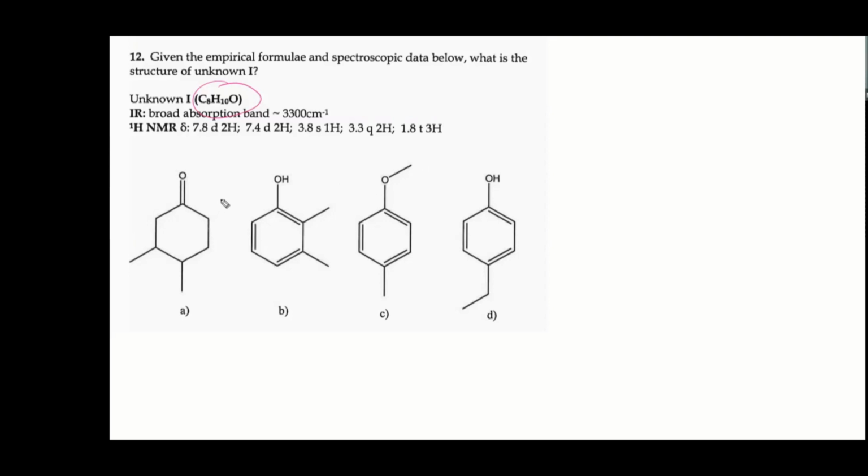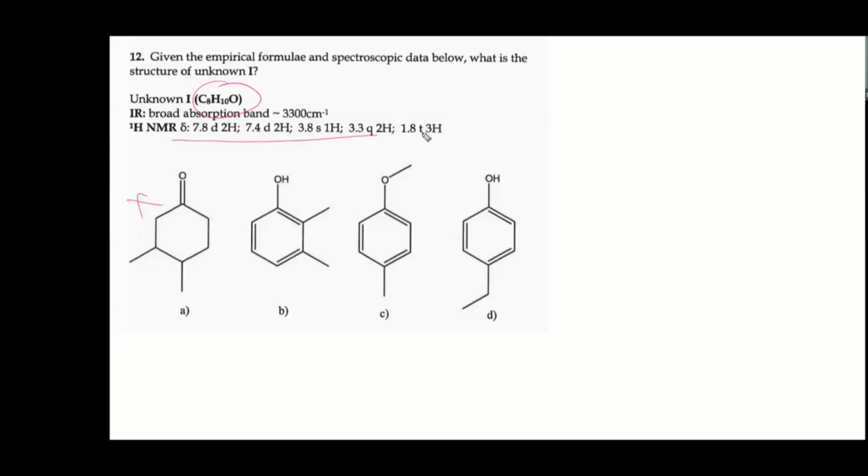Maybe if you want to eliminate obvious choices, like for example, you have 10 carbons here, 1, 2, 3, 4, 5, 6, 7, 8, 9, 10, 11, 12, you can say this is not the right structure because this has more hydrogens. But don't go there, okay? Unless you're not sure and you want to eliminate this and maybe increase your chances between these three, you can do it that way.